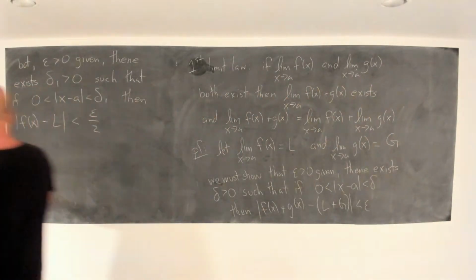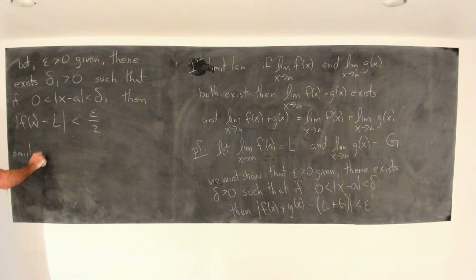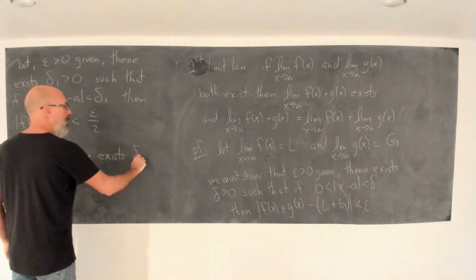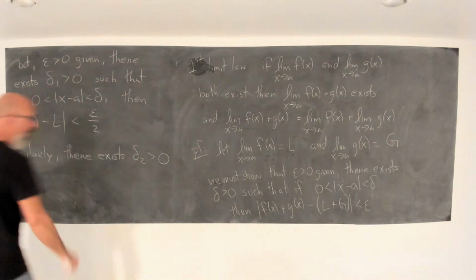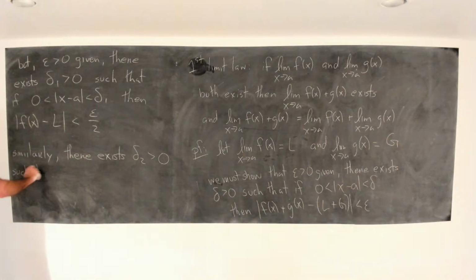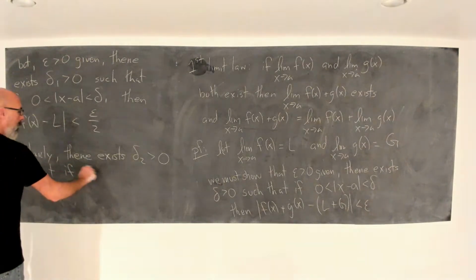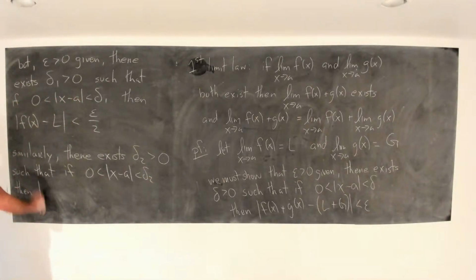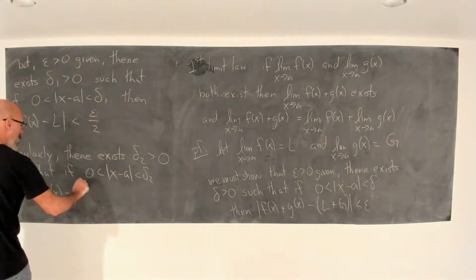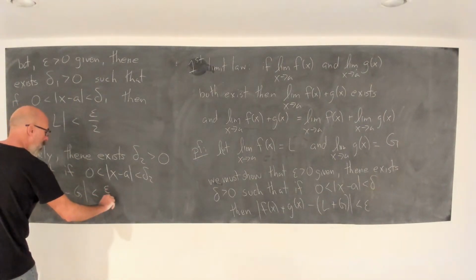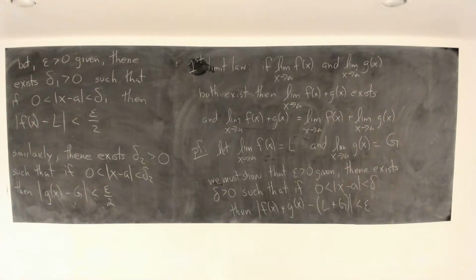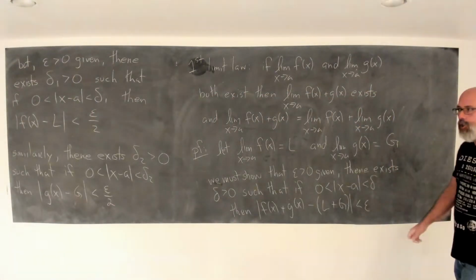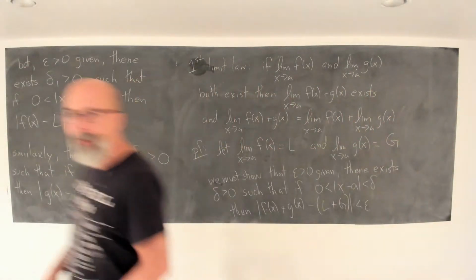Similarly, because of G, there exists a delta 2 greater than 0, such that if the absolute value of x minus a is less than delta 2, then the absolute value of g of x minus G is less than epsilon over 2, because the limit of g exists and is G. Putting everything together, how did we get epsilon over 2?